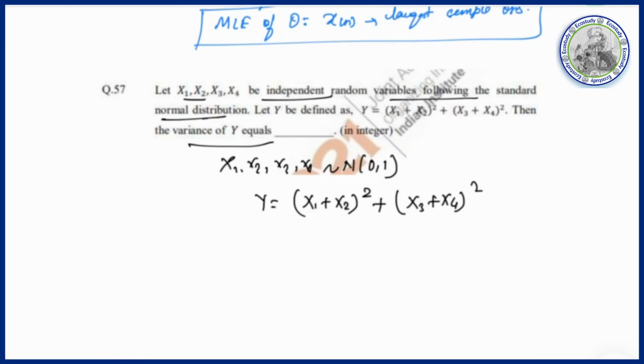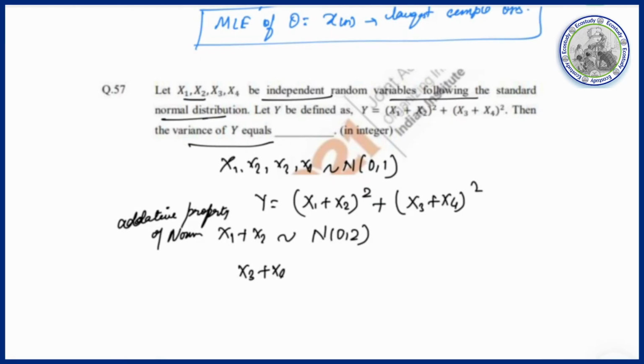See, x1 plus x2 follows what? By the additive property of the normal distribution, it is normal (0, 2). And x3 plus x4 follows normal (0, 2).